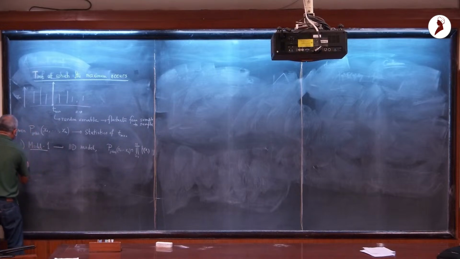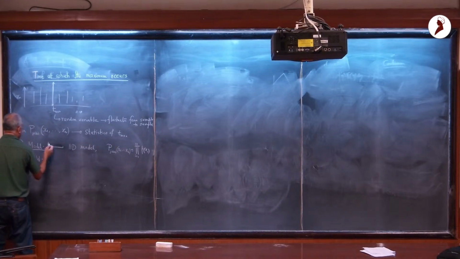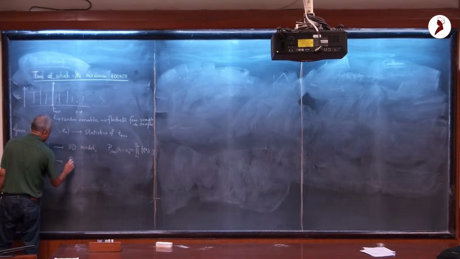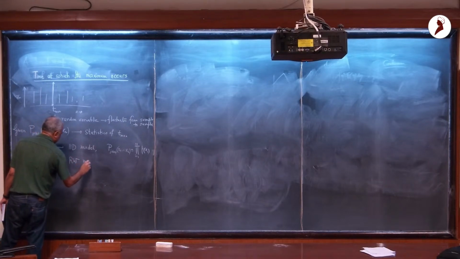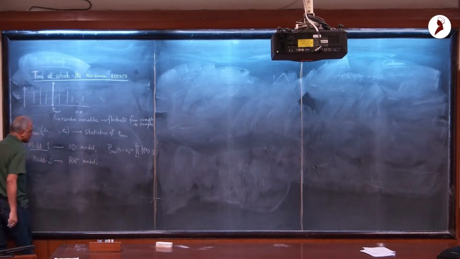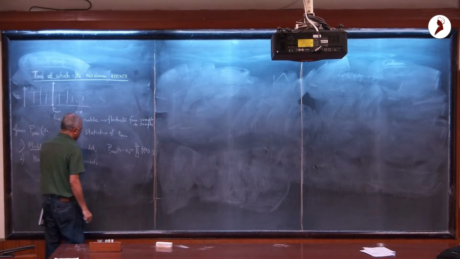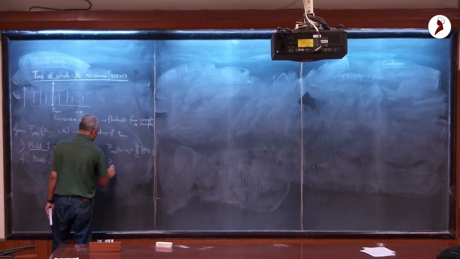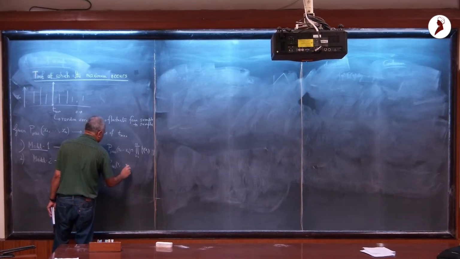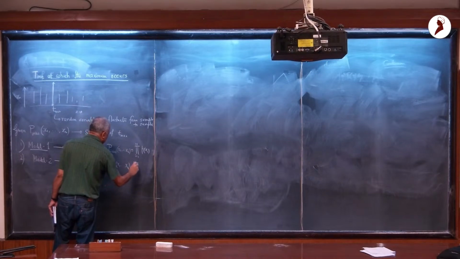And the second model is this random walk model, which is strongly correlated, where, as you saw, the joint distribution of x1, x2, x3, ..., xn is expressed in terms of the distribution of the noise, f of eta.